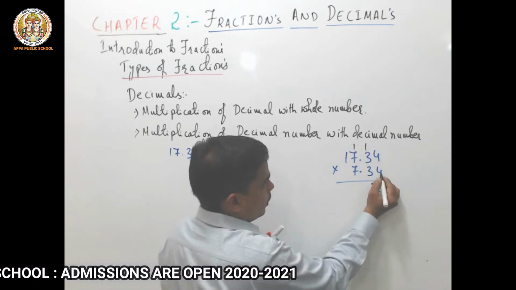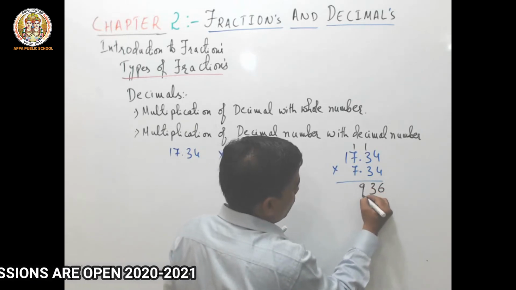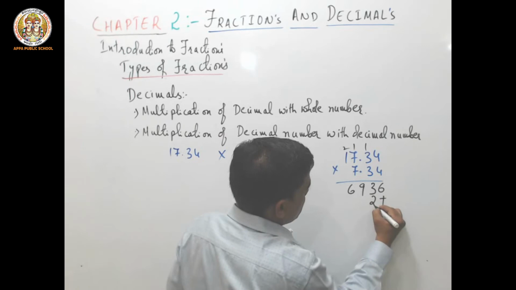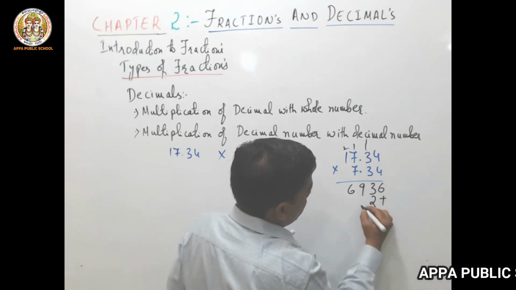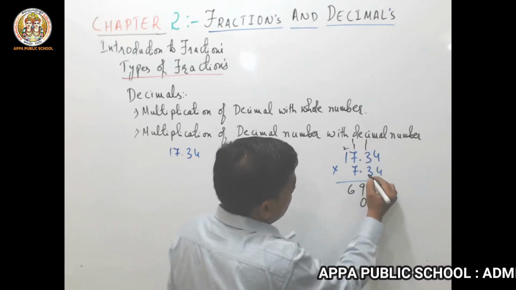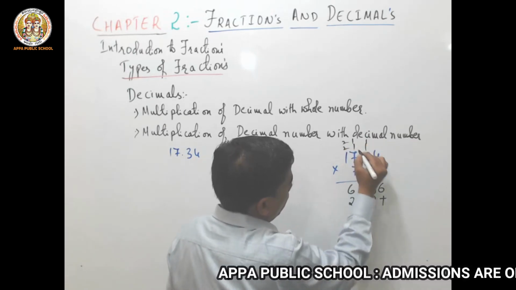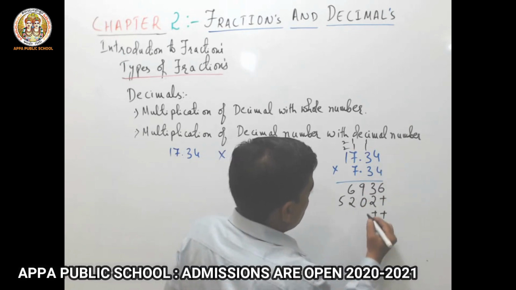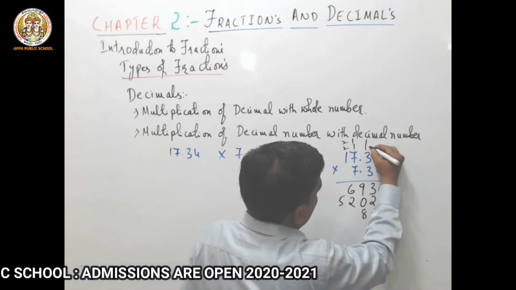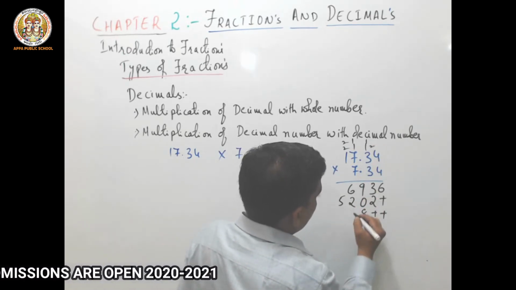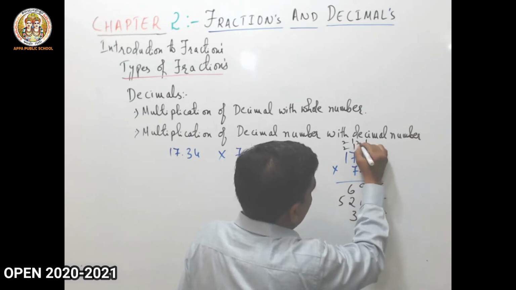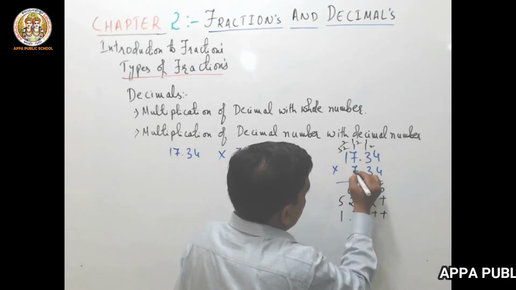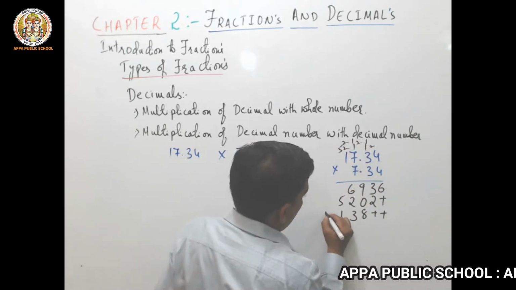Don't place a decimal point here. 7 4s are 28, plus 1 is 29, carry 2. 3 3s are 9, 10, carry 1. 7 3s are 21, plus 1 is 22, carry 2. 7 4s are 28, carry 2. 7 3s are 21, 22, 23, carry 2. 7 7s are 49, 49 plus 2 is 51, carry 5. 7 plus 5 is 12.